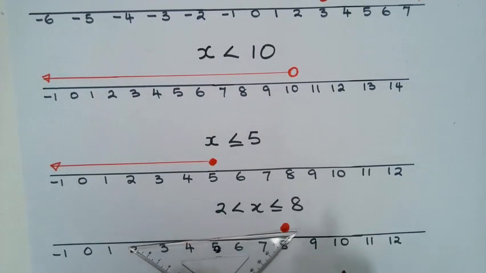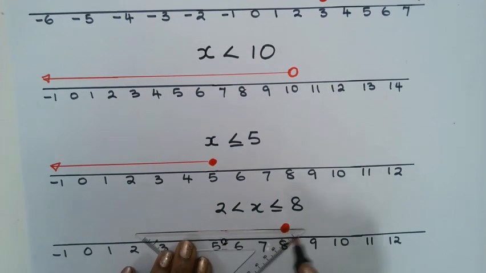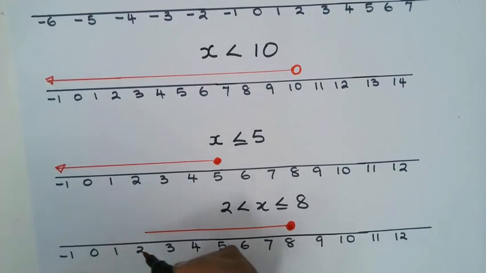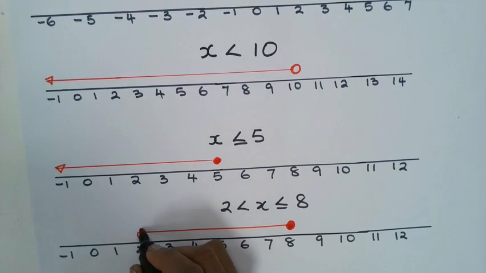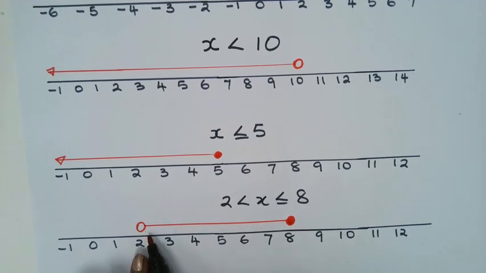And then we draw a line, and then we've got an open circle on 2. So this is how we do that. 2 is less than x and x is less or equal to 8.